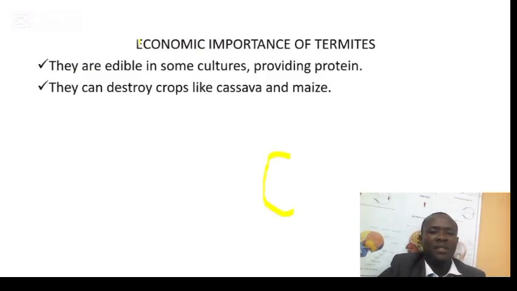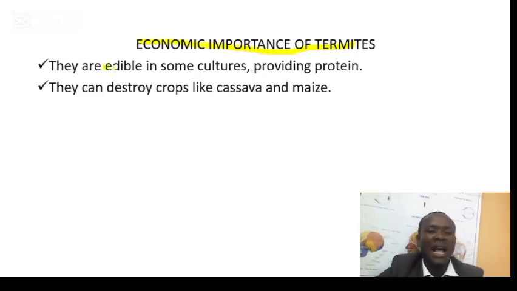Next we have the economic importance of termites. When we talk about economic importance in biology, it doesn't mean it has to be good. It can be good, it can be bad. It can be something they do that is harmful to others or something that is beneficial to others.